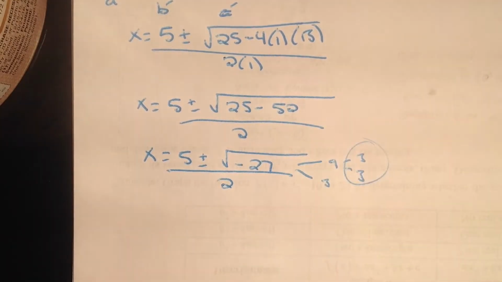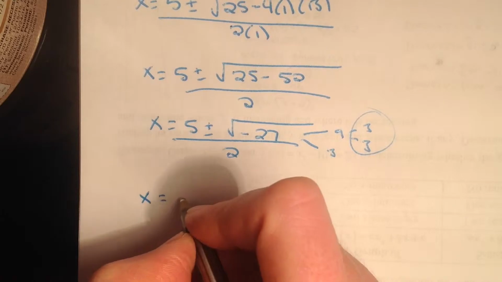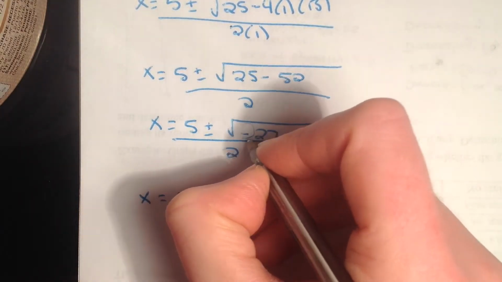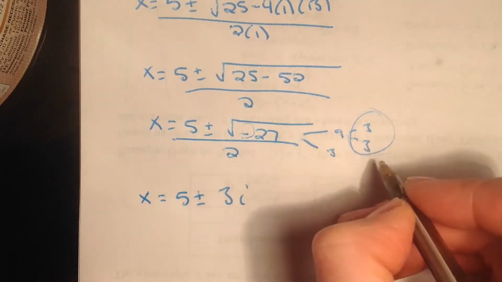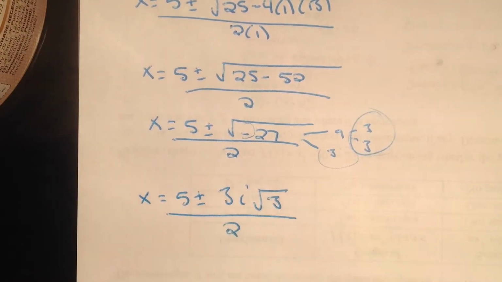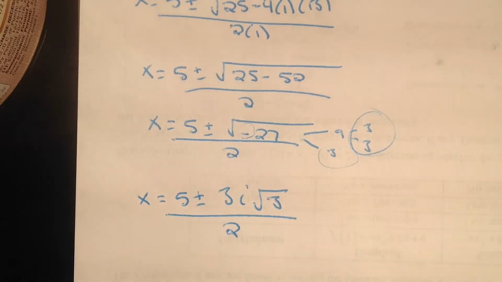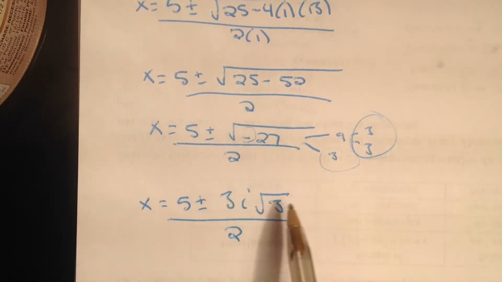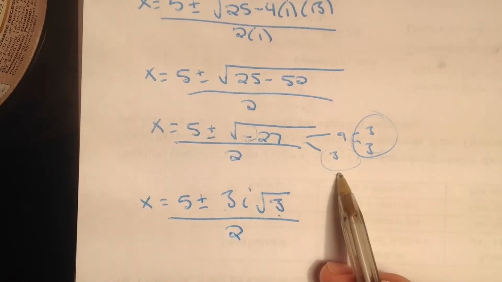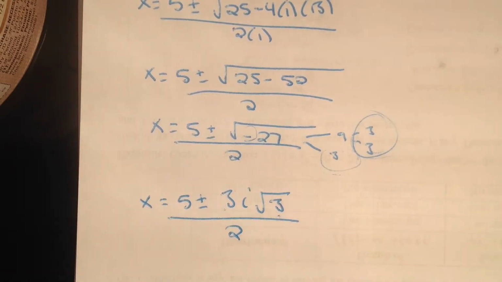So we have a pair. So that means we get x equals 5 plus or minus, one pair comes out, the negative comes out as an i, and the last 3 stays under the root. So we end up with this imaginary answer because of the negative. We end up with 3 because of the pair, and we end up with the 3 here because there's 1 left over. And this would be our final answer.